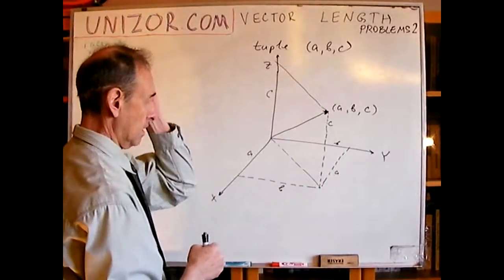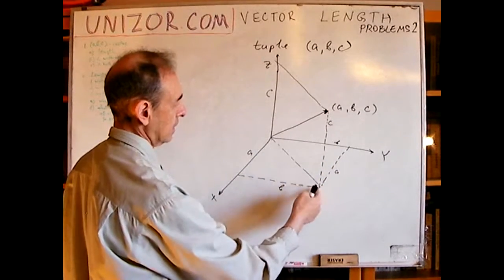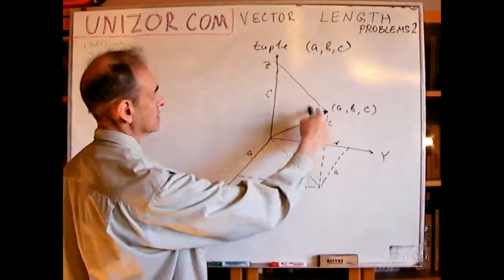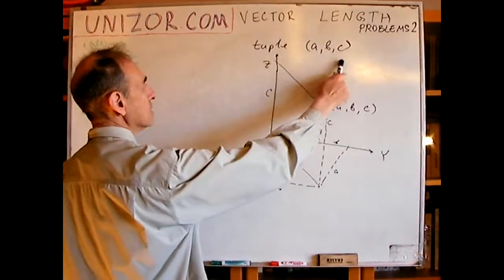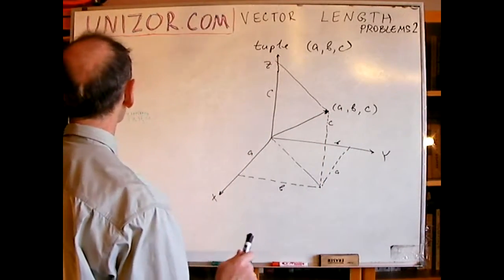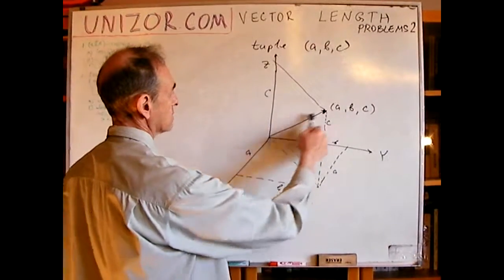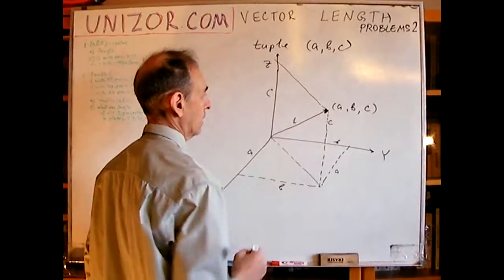This is the projection on the xy plane, and from this point we have projections to x and y. This is the projection on the z-axis. All right. So a, b, and c are given. What's necessary to find? Number 1, the length of the vector a, b, c. Okay, L. Length.